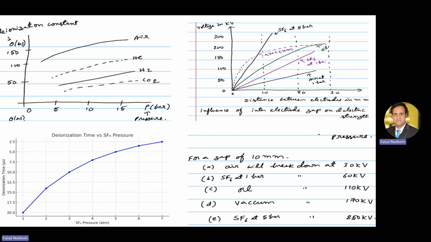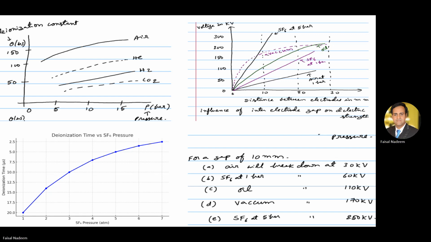We have to make the circuit again, and making that circuit takes more time. The re-energization of this breaker will take more time. The spring or the motor has to do more work. Therefore, we cannot increase the distance between the electrodes or the contacts of the circuit breaker beyond a certain level.